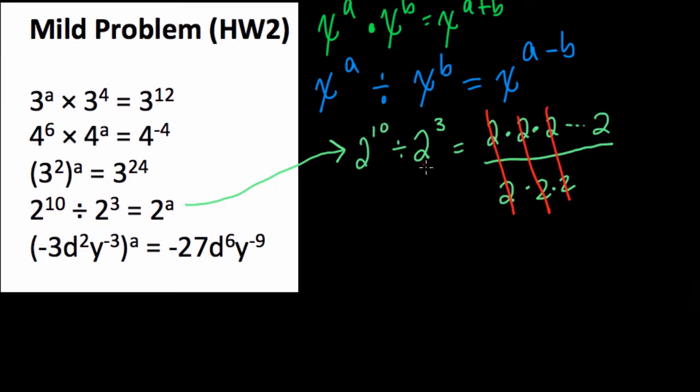So notice, because this is 2 to the 3rd, there will be 3 2's to cancel out 3 of the 2's from 2 to the 10th. So it's like subtracting, because we're subtracting out the factors that will cancel out. So we subtract the 3 2's here from the 10. It tells you how many 2's are not canceled out, how many are left over. In this case, there are 7 2's left over. So the answer then is 2 to the 7th, 2 to the 10 minus 3.